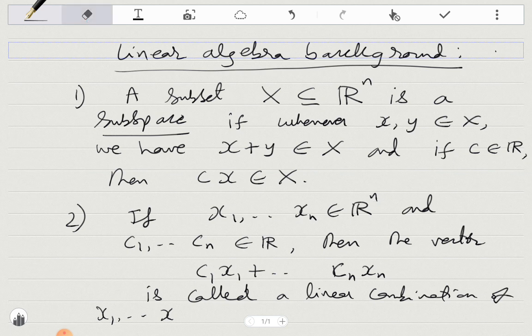Of course, they need not be the same, so let me make it xk, and likewise ck. It is a linear combination of these vectors x1 up to xk.